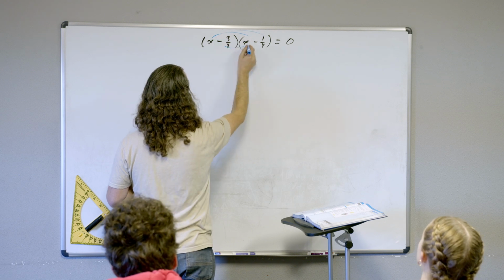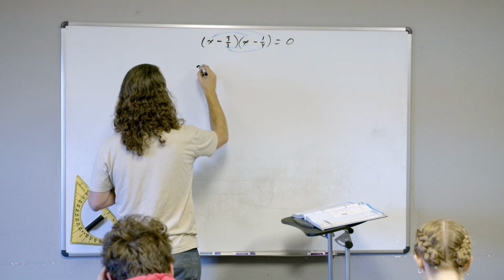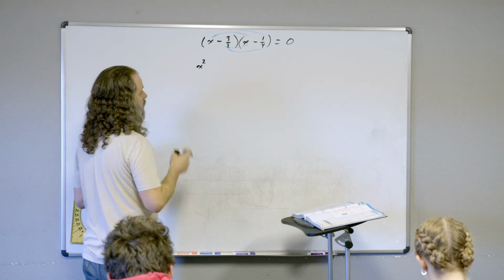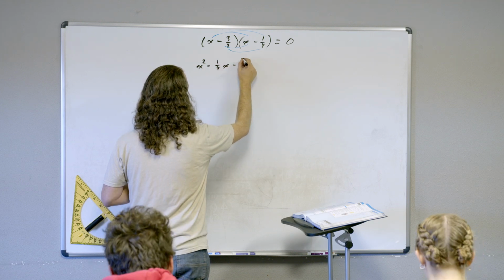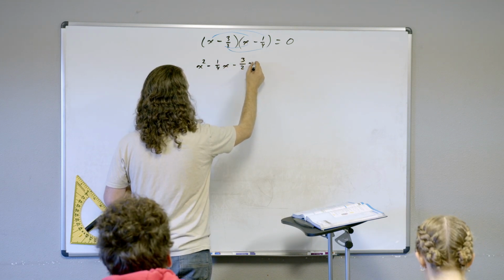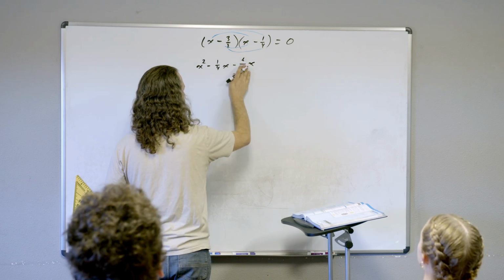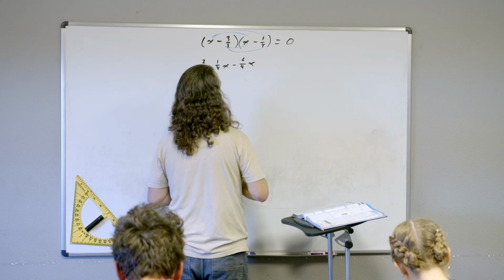First, outside, inside, last. X times x is x squared. X times negative 1/4 is what? Negative 1/4 x, and then negative 3/2 x. I'm going to change this to 6/4 so that I can do the next part in my head without craziness.